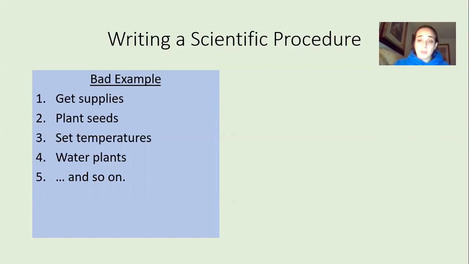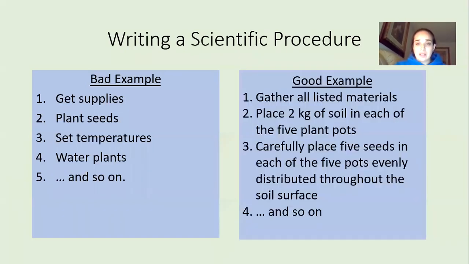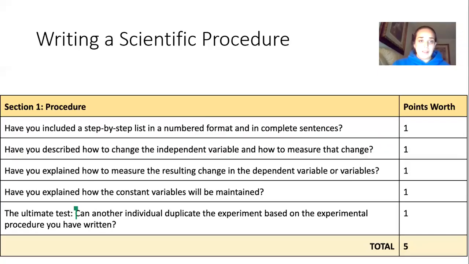A more specific one is like this: gather all the listed materials, place the 2 kilograms of soil in each of the 5 pots, carefully place 5 seeds in each pot and evenly distribute throughout the soil, and so on. We see how the second example is a lot clearer, more direct, and concise. So keep that in mind.